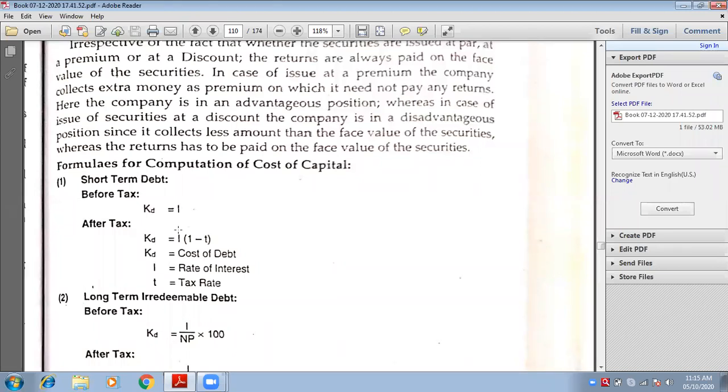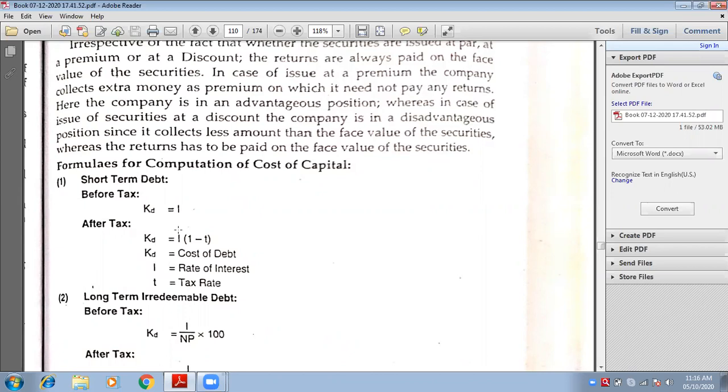So what I mean to say is whatever comes before tax is only one thing, that is paid to the debt holders, and that is interest. So only interest will come into the picture. It comes before tax, so I will have to convert it to after tax.